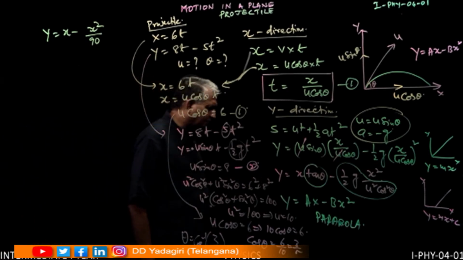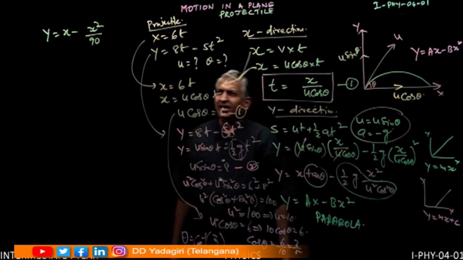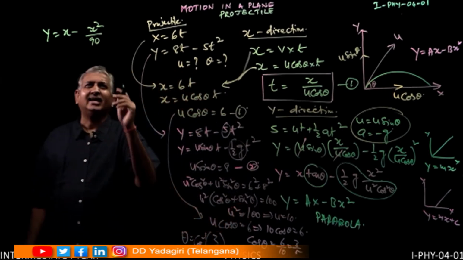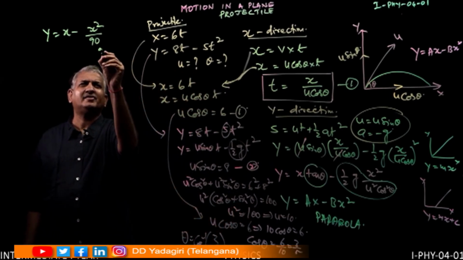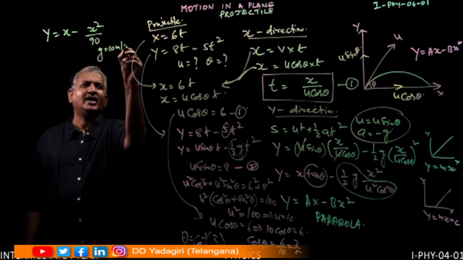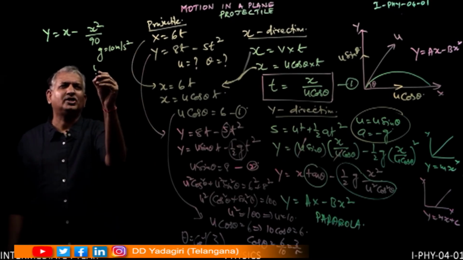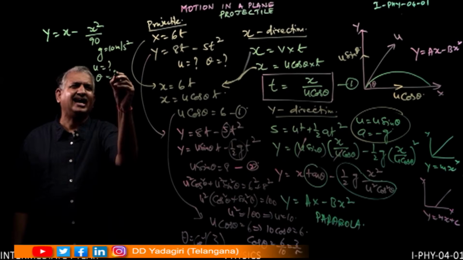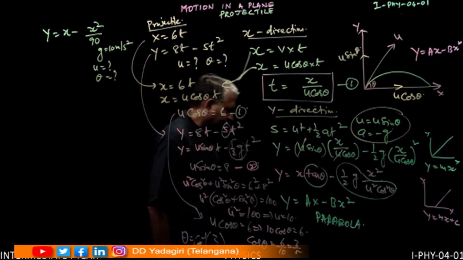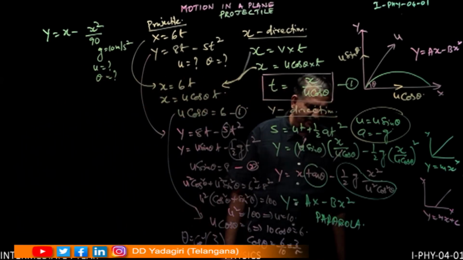Here we have given for a projectile, where g is given as 10 meter per second square. He wants to calculate what is the initial velocity and angle of projection. We want to calculate this too.